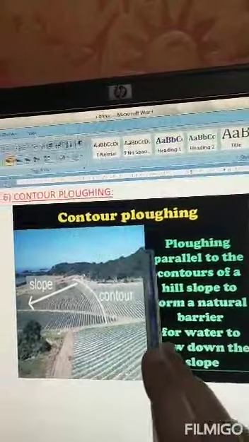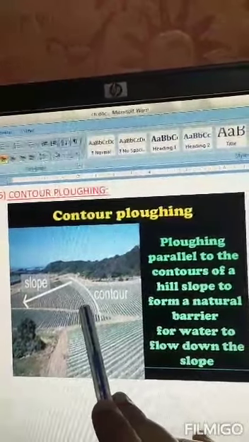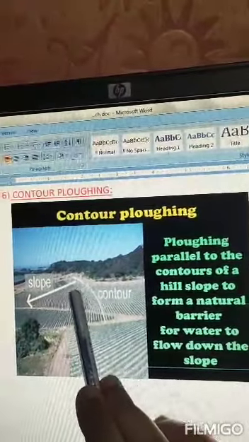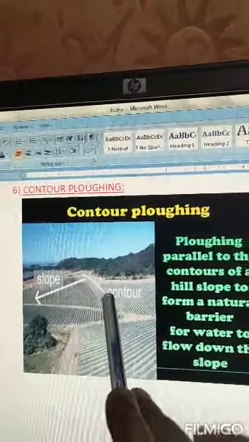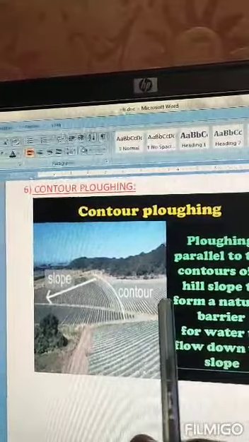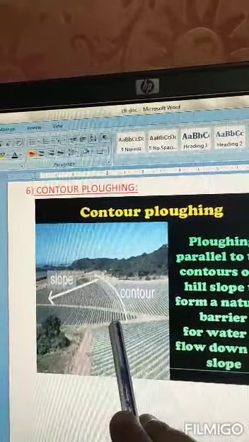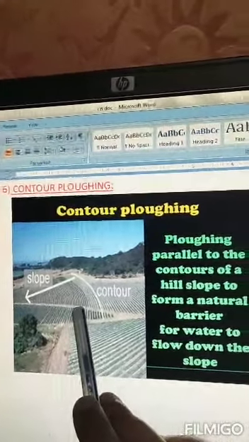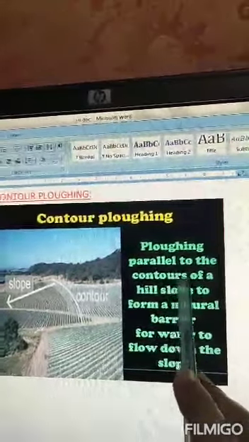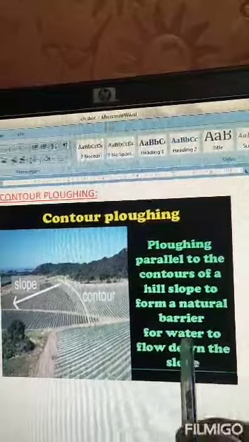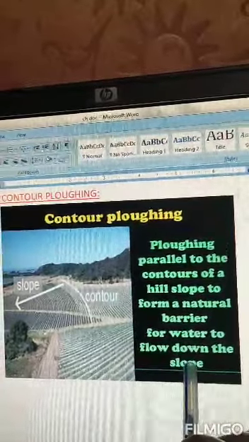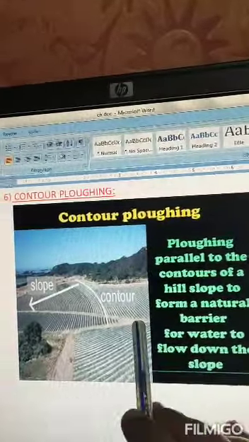Next is contour plowing. Now contour plowing means, like this is a slope of the hill, plowing, हल चलाना, can be done along the slope of the hill. So plowing is done parallel to the contour. Contour means the shape of the hill slope, forming a natural barrier for water flowing down the slope.